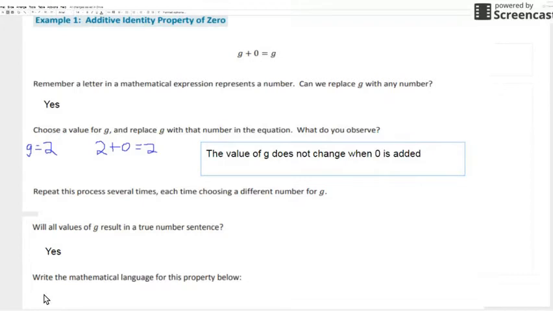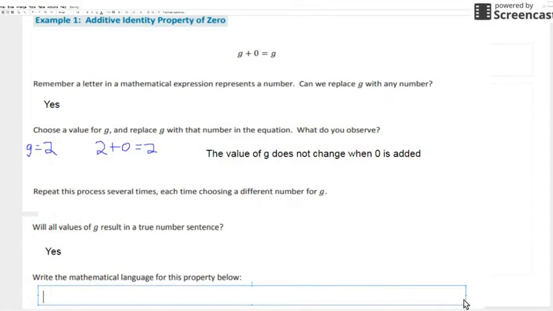So now they want us to write a little statement talking about the additive identity property of 0. So if we say G, let's make it lower. G plus 0 equals G. So this statement is the additive identity property of 0.